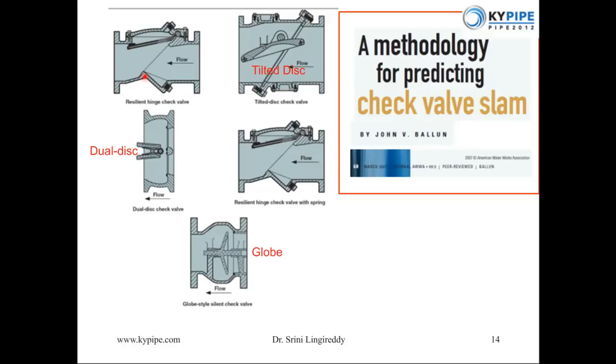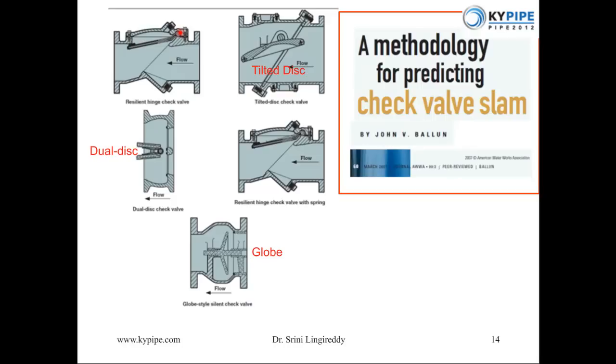But now the travel is limited to only this, almost half. And of course, the first half of travel is going to be much longer because there are no forces acting on this disc. But still, it would have to travel much less than it would have otherwise, thereby minimizing the check valve slam.